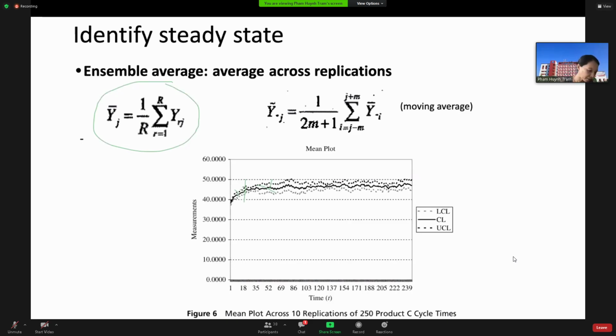Just now, we had entities 1 to n, for example, and replications 1 to 10, for example.